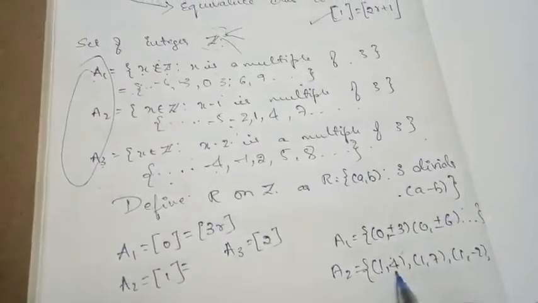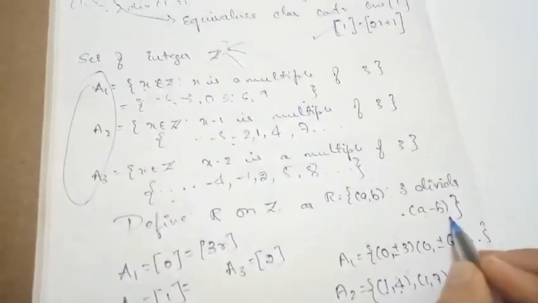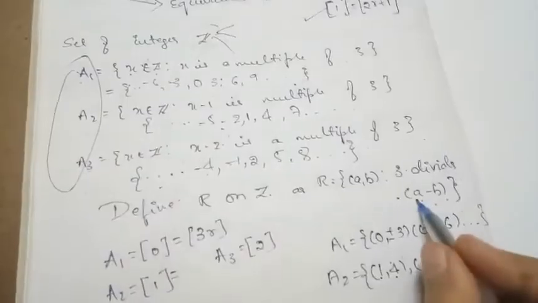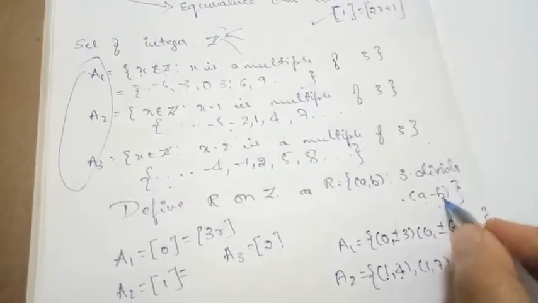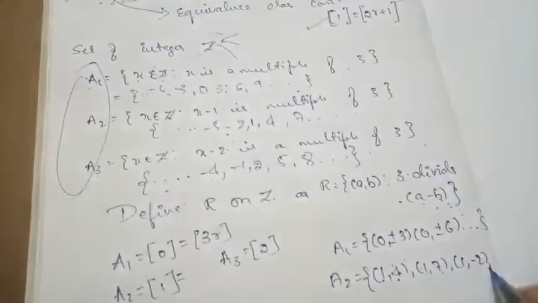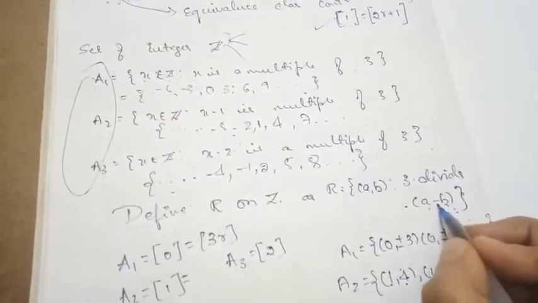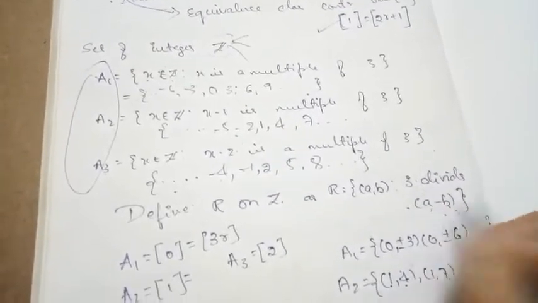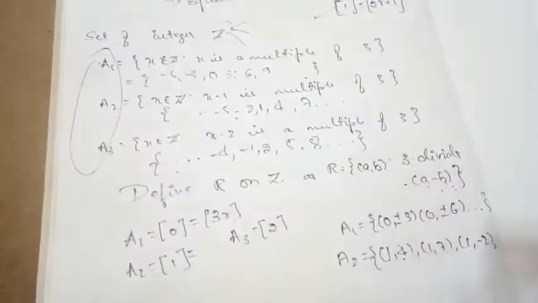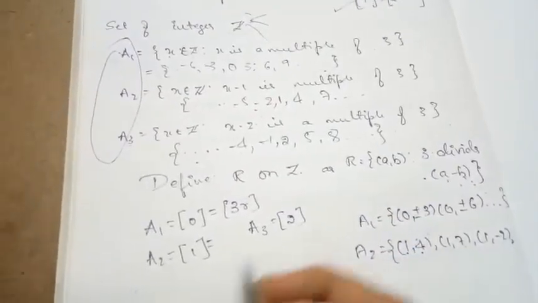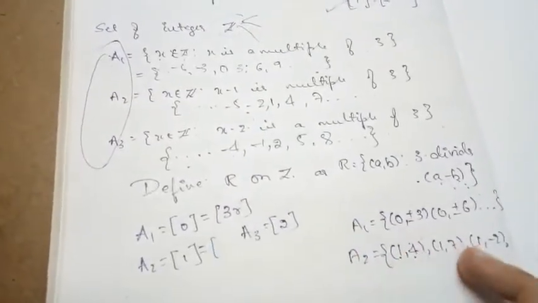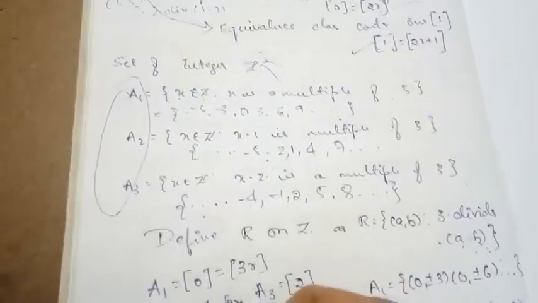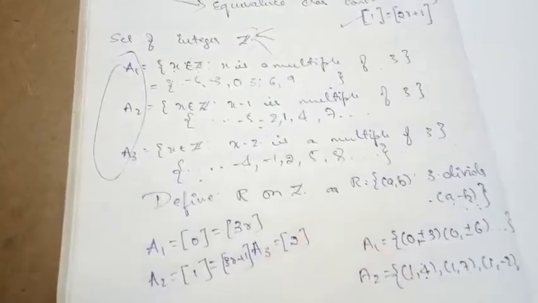You can see here, (1, 4) means 1 minus 4 is minus 3, and 3 divides minus 3. (1, 7) means 1 minus 7 is minus 6, so 3 divides minus 6. (1, -2) means 1 minus of minus 2, that is 1 plus 2, which is 3, so 3 divides 3. So this is how A2 will be. So I can write the second term of this relation as 3r plus 1.